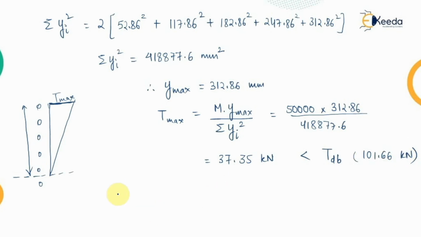Now we can also check for the shear force. So shear force or the direct load in each bolt will be equal to the total load divided by the number of bolts provided. The total load is equal to 200 kilonewton divided by the total number of bolts provided, which are 12 in number.